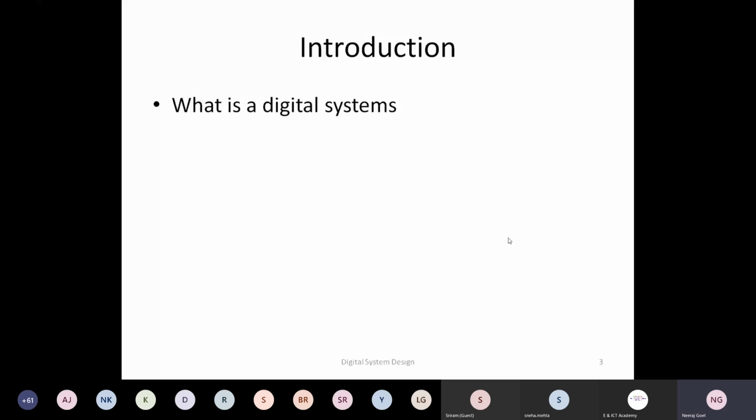I can draw this digital system like this: it has a digital input, and inside there would be, right now, a black box or a blue box, and it would be giving out digital outputs. What is a digital input or a digital output? Anything which is quantized, basically something like an integer, we can call a digital input.